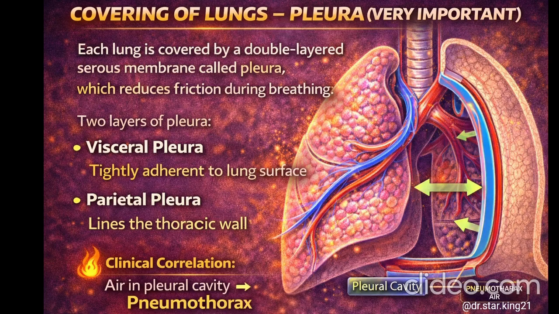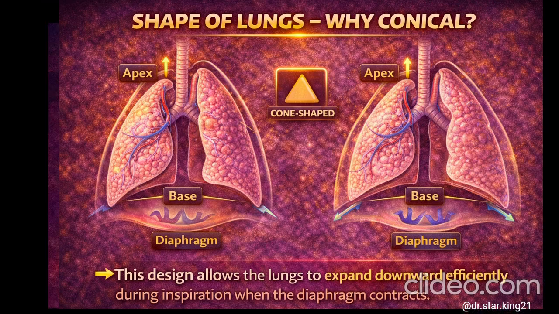In between there is a space called the pleural cavity, which is filled with a thin fluid that acts like lubricating oil, allowing the lungs to glide smoothly against the chest wall during respiration. Remember, if air fills the pleural cavity, it leads to a condition called pneumothorax.